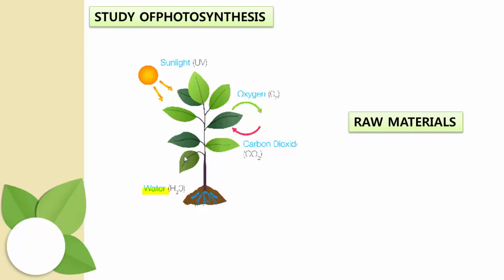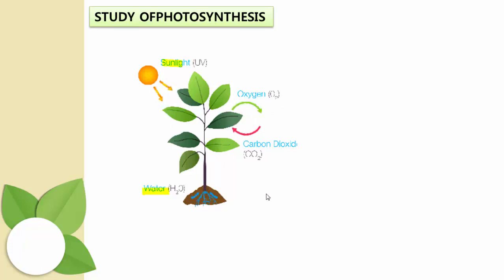Leaves are green in color because they contain chlorophyll. The leaves absorb sunlight, and carbon dioxide from the atmosphere enters into the leaf. When photosynthesis is completed, oxygen is liberated as a byproduct, and carbohydrate is stored inside the plant body.